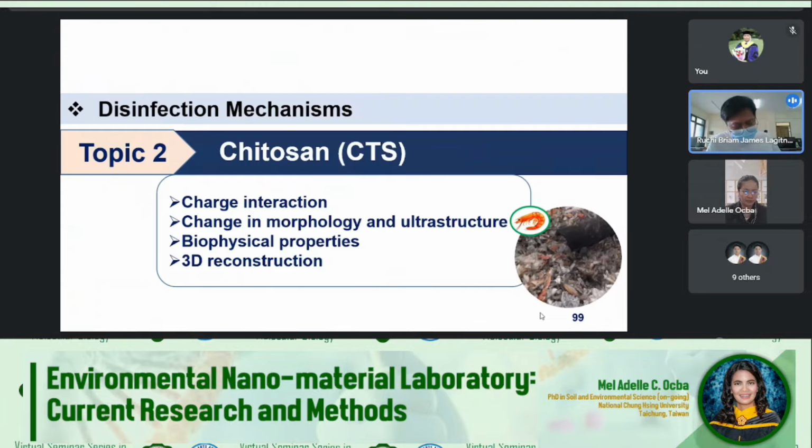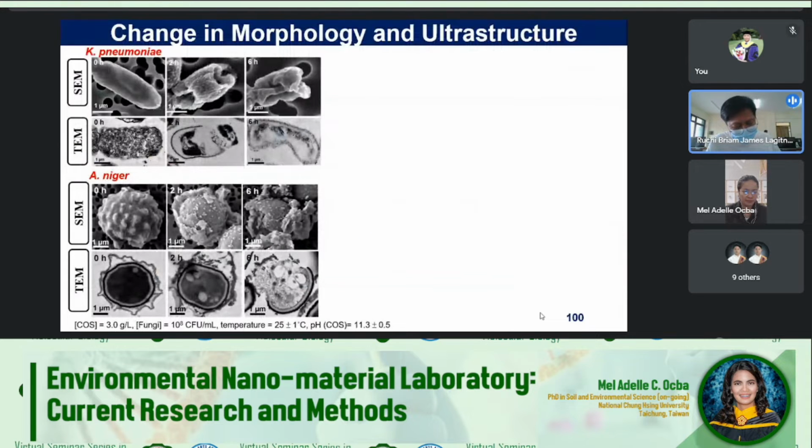How do we show the disinfection, in what way do we show the mechanism of action of the COS and the CTS on Klebsiella pneumoniae and A. niger via SEM and TEM? What are the characteristics of SEM and TEM?